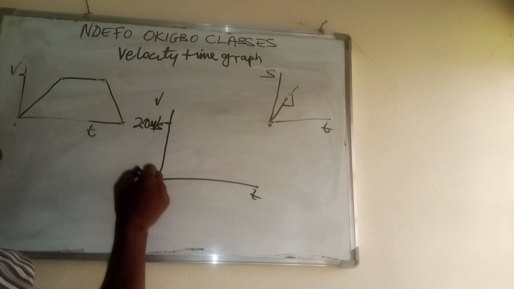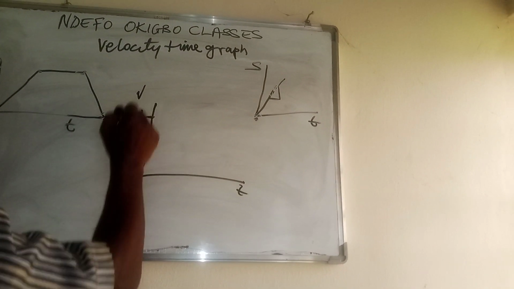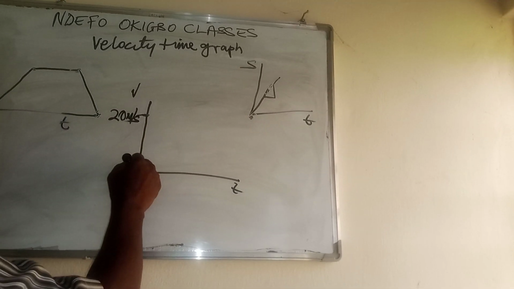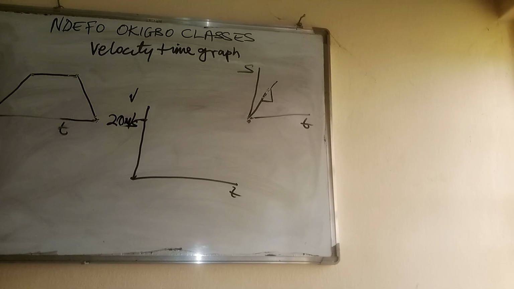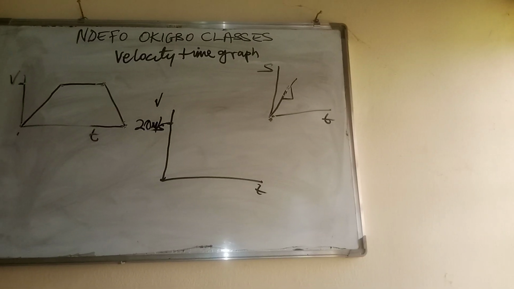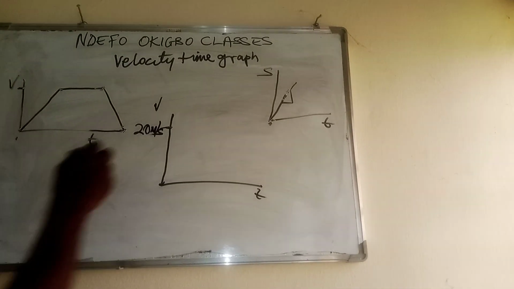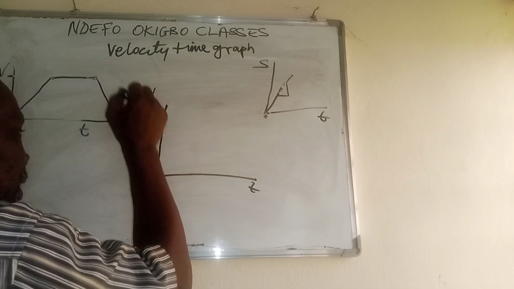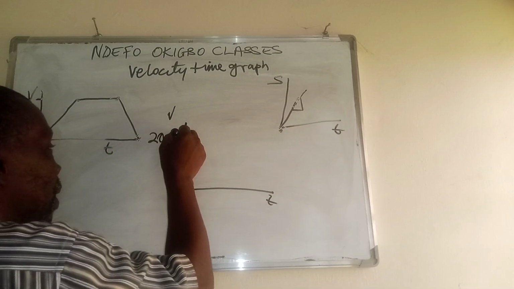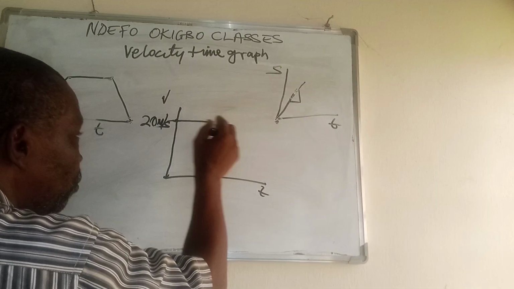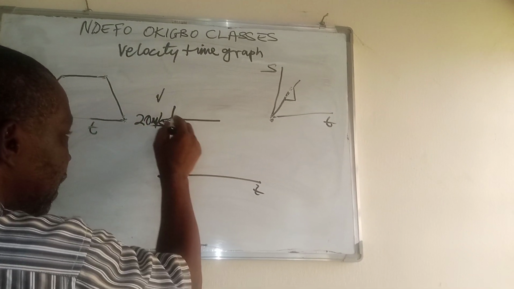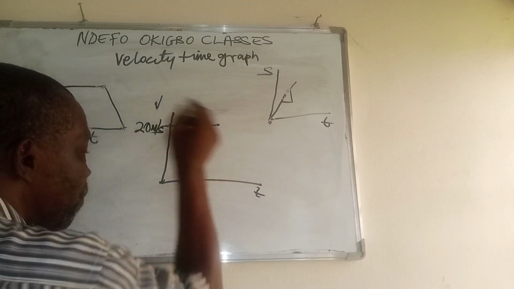So this is 0. A vehicle moves with a uniform velocity, so it started from here, because it didn't say it started from rest. Look at it. This line, as that is straight, shows that the velocity didn't change. It's in the same direction, uniform velocity.